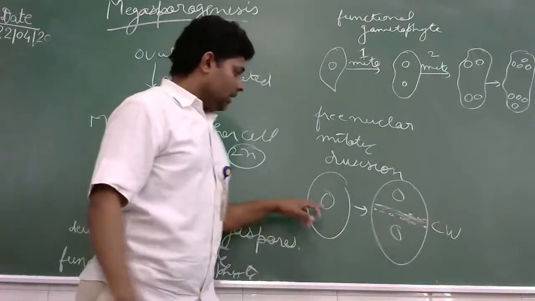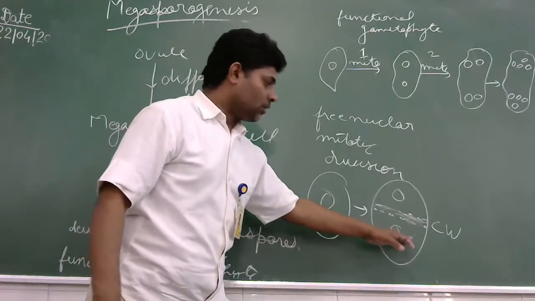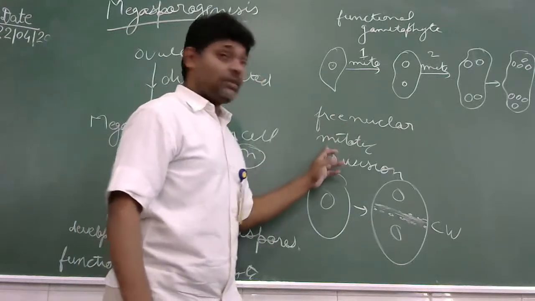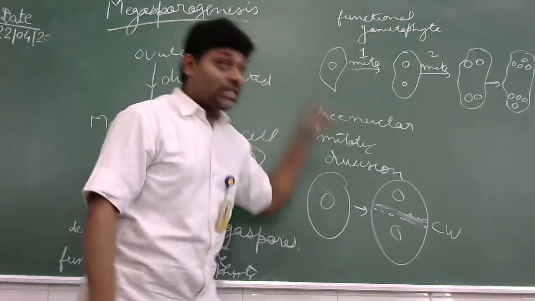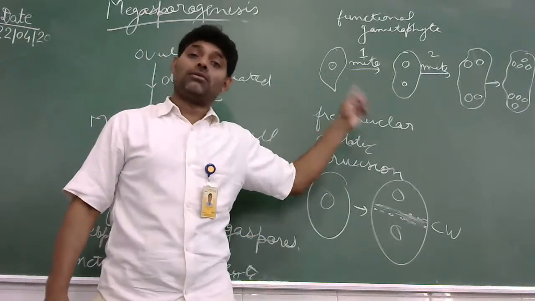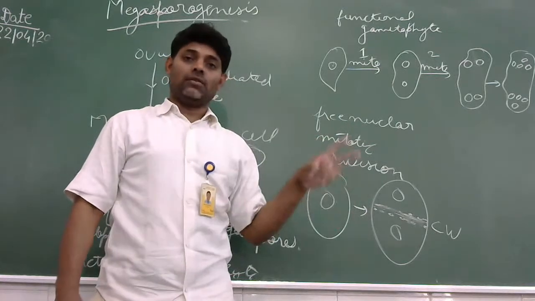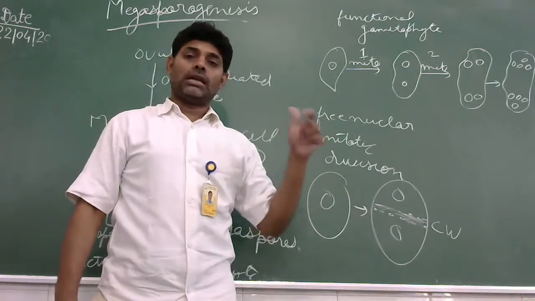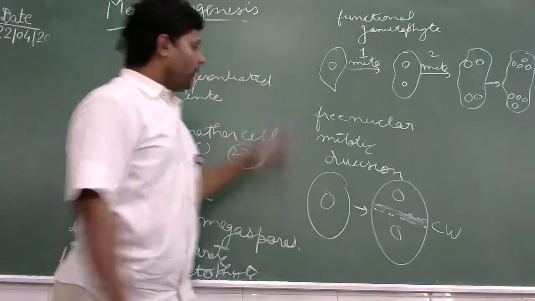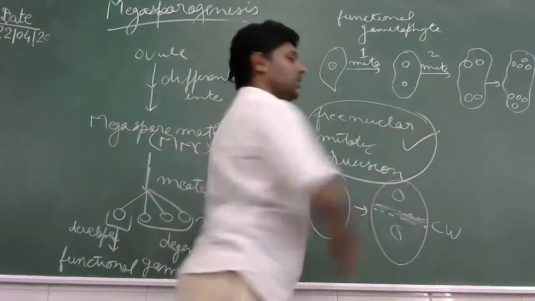So generally, karyokinesis is immediately followed by cytokinesis. This is a simple division. But free nuclear division means only the nucleus will divide, but the cell wall will not form. Such type of division is known as free nuclear mitotic division.